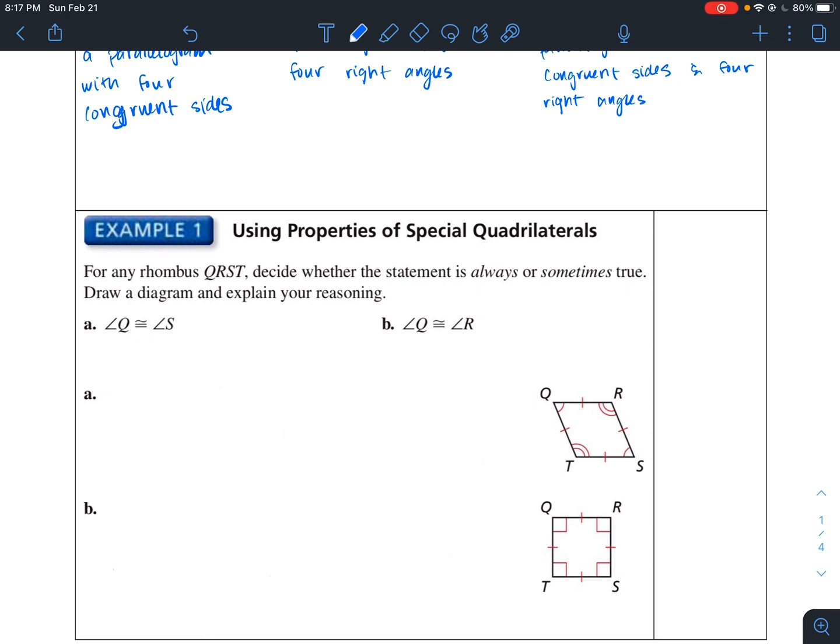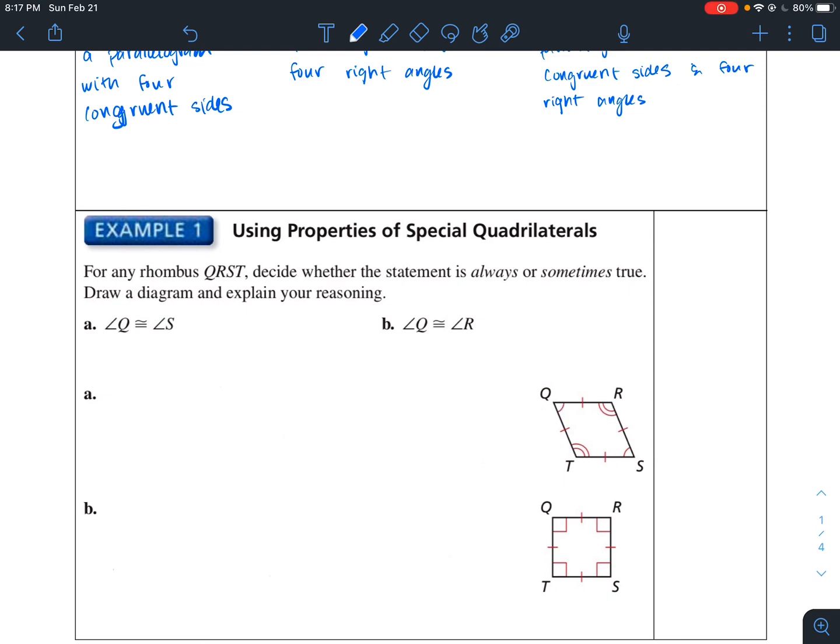So for A, it says decide whether the statement is always true. So this statement says that angle Q and angle S are congruent. Now, for any rhombus, is this true?